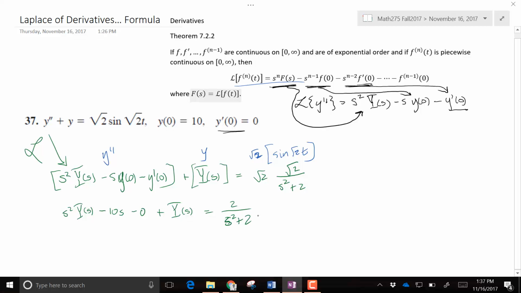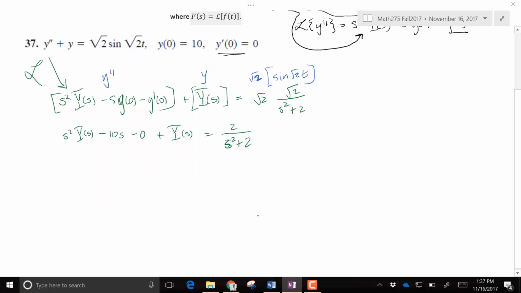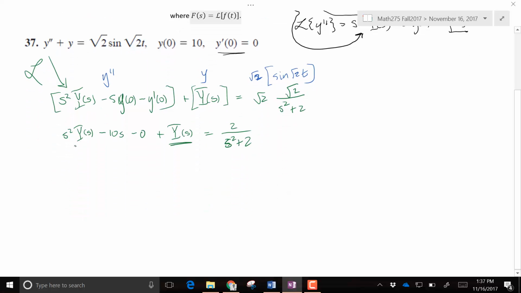All right, so we're still solving. We got our y of s that we're solving for. Everything else is a constant that can go on the other side. So I have s squared plus 1 times y of s equals 2 over s squared plus 2, and we'll bring the 10s on the other side.